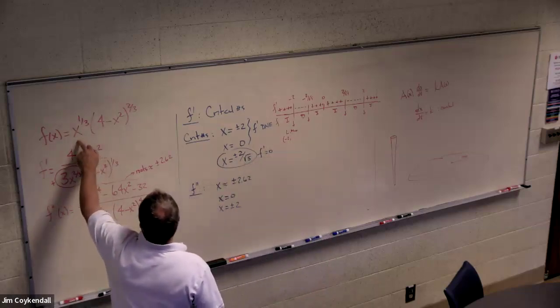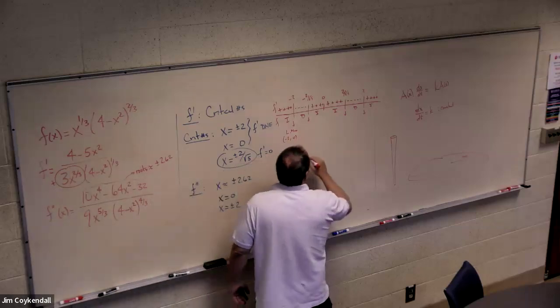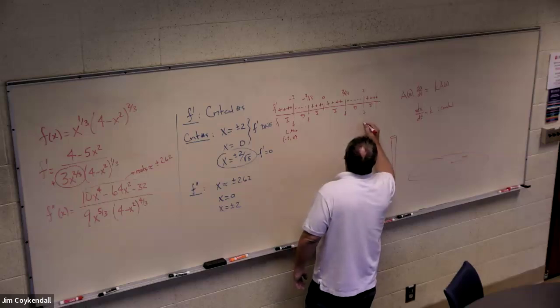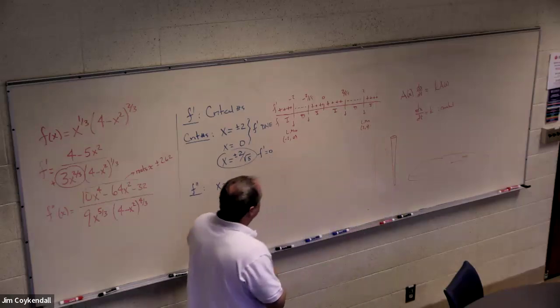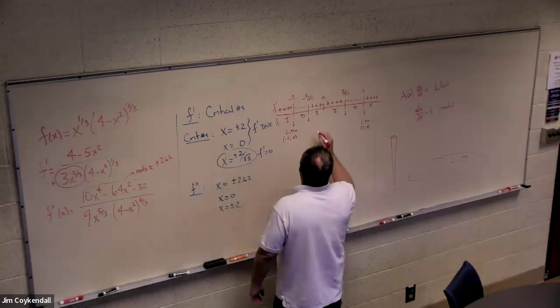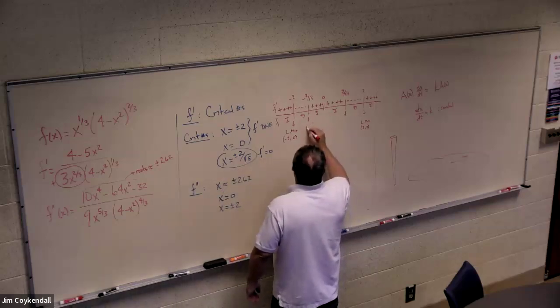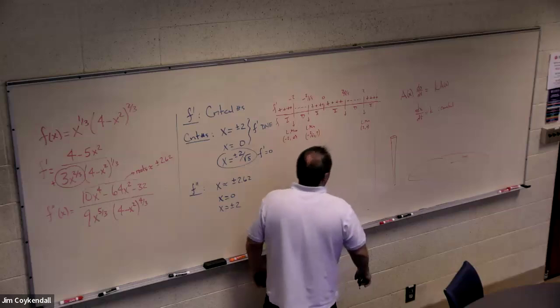That's going to be 0. Now on this side, I get a local min. This should be a local min at -2 over radical 5, and whatever I get.